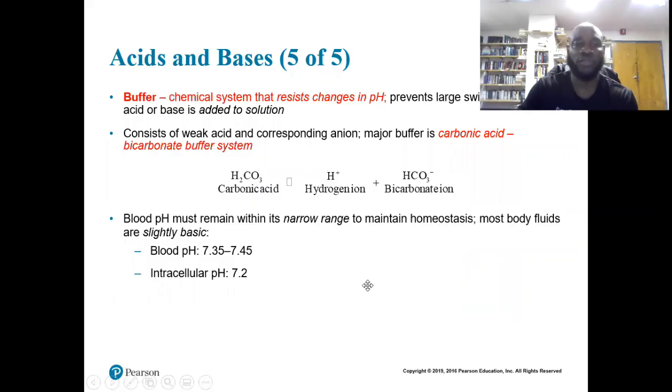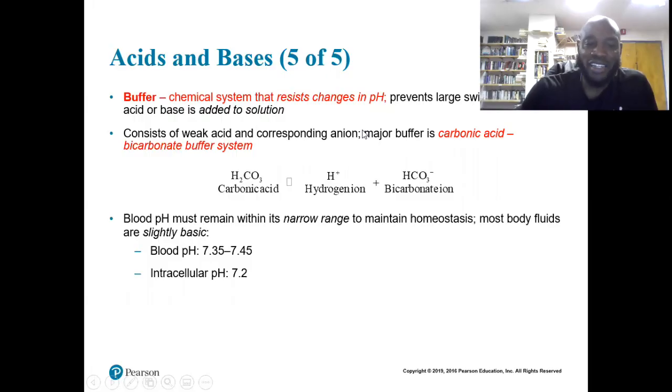And we have what we call a buffer. And this is where we get really into the anatomy and physiology. We get into buffer systems. We're going to talk about this in the blood especially, but also in other parts of the body. A buffer is a chemical system that resists changes in pH, preventing large swings in pH when an acid or base is added to a solution.